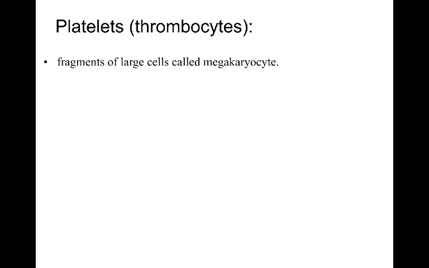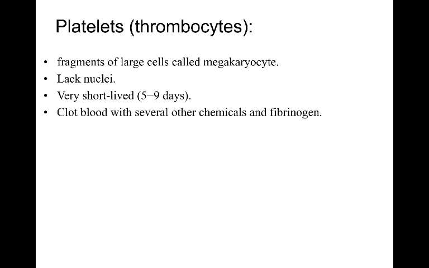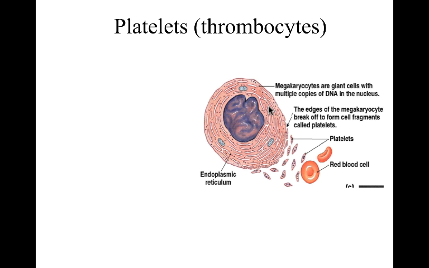But for now, I want you to understand that platelets are derived from a big cell inside the bone marrow called a megakaryocyte. This large cell has multiple nuclei and creates between 1,000 to 3,000 platelets for us. The way it works is when you pinch off a piece of this large cell, each piece is called a platelet.